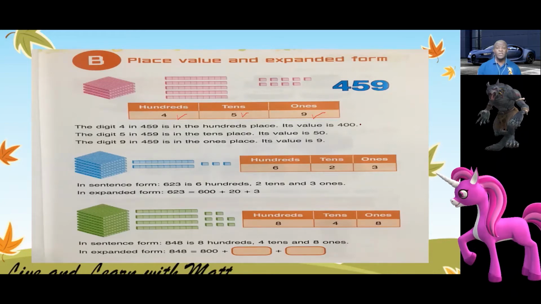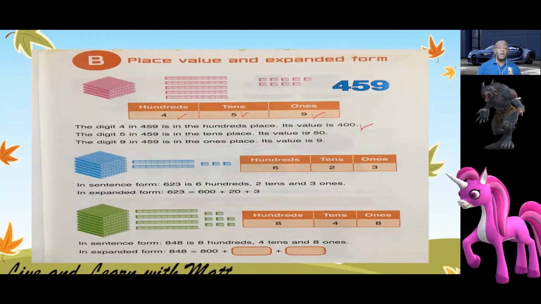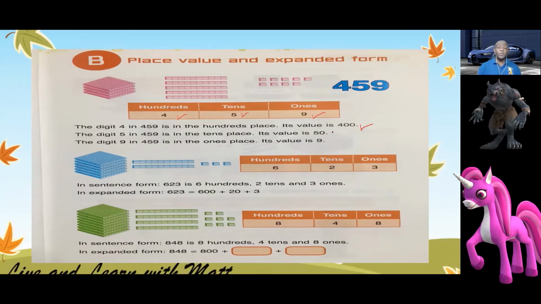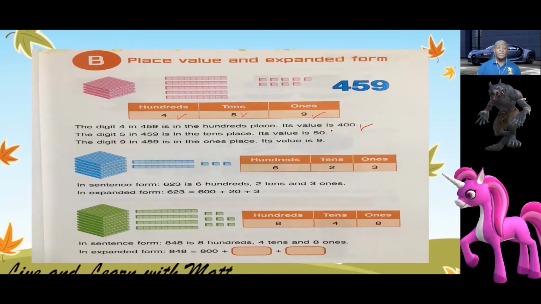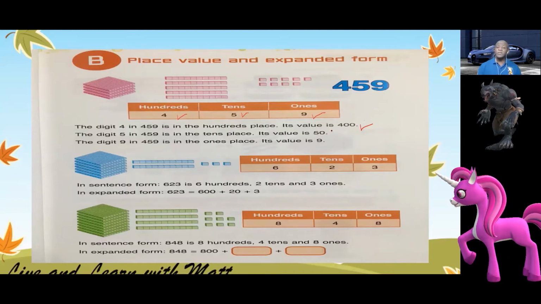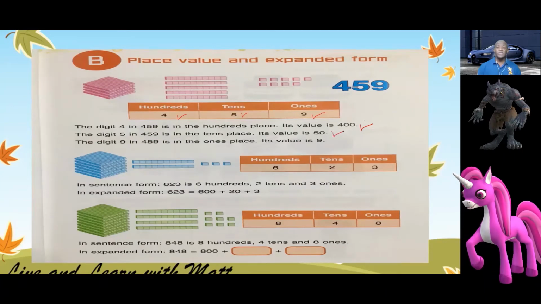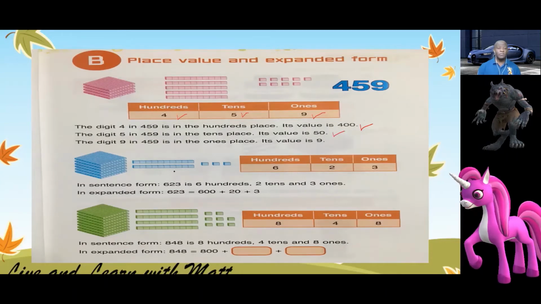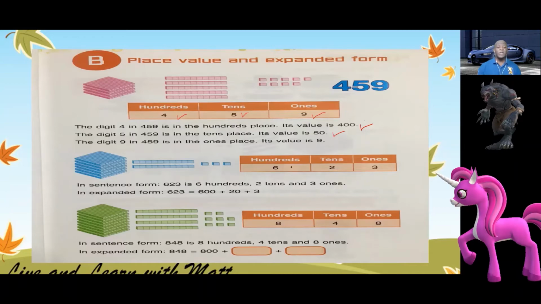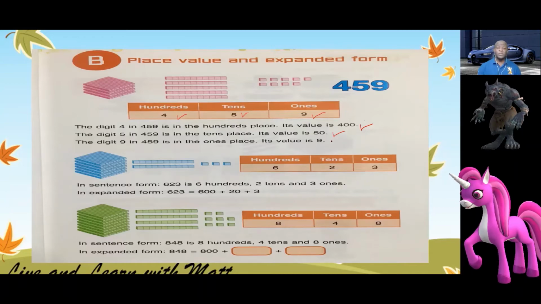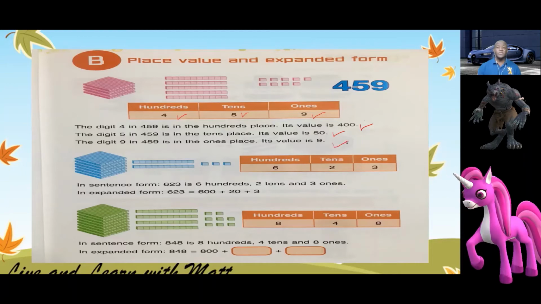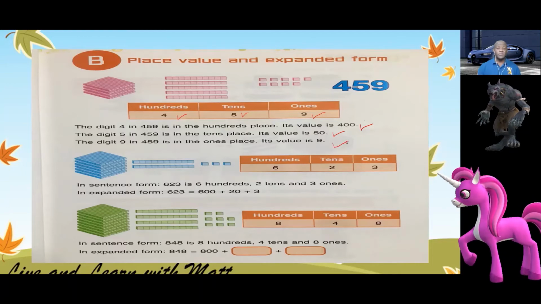Its value is 400. The digit 5 in 459 is in the tens place, and its value is 50. The digit 9 in 459 is in the ones place. Its value is 9.